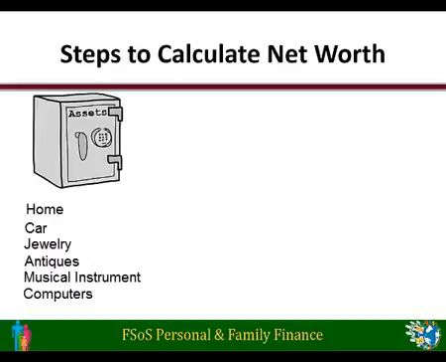It's recommended that you be conservative in that estimation of value. Don't overestimate the value of your assets and be honest. Could you really get $500 for that 10-year-old sofa? In addition to property, you may also have investments such as stocks and bonds.